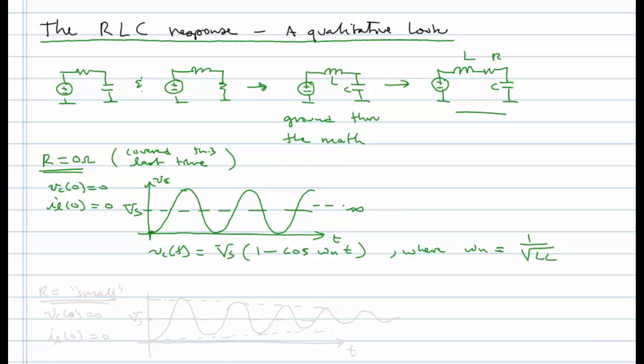Now let's consider the case where R is equal to something small. I put it in quotes because we have no idea what small is at this point, but at least we can anticipate how it would respond. Steady state value is Vs. An L and a C are like a mass and a spring mechanically, right?